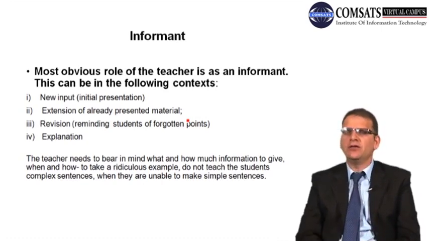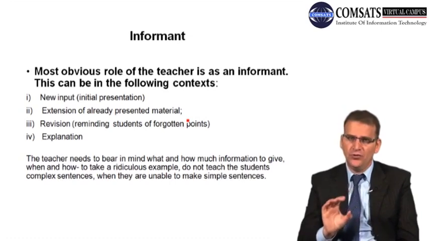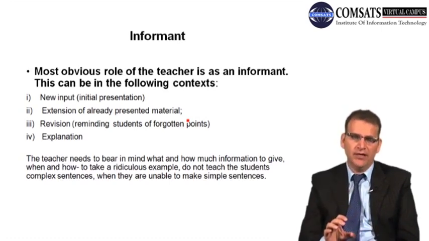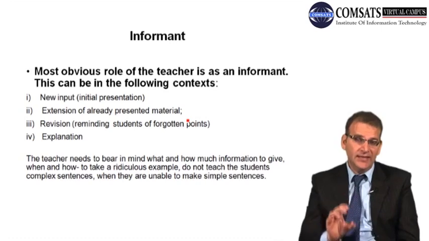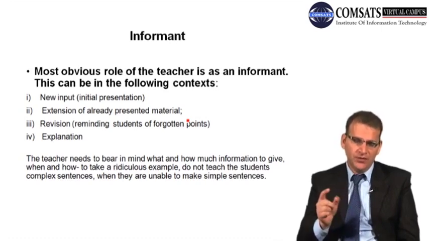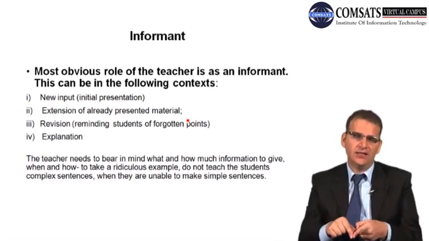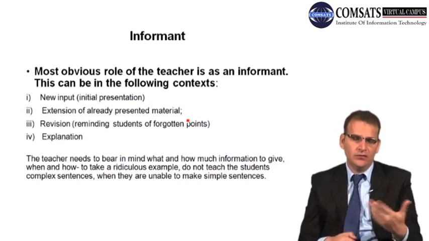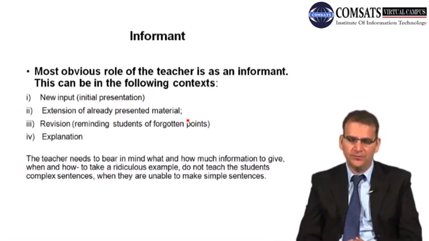And again, another meaning of informant may be that the teacher should know what is going on in the class, right? So the teacher must be in the know. So the activities in the class would be in the information of the teacher. The teacher needs to bear in mind what and how much information to give, and when and how to take what.